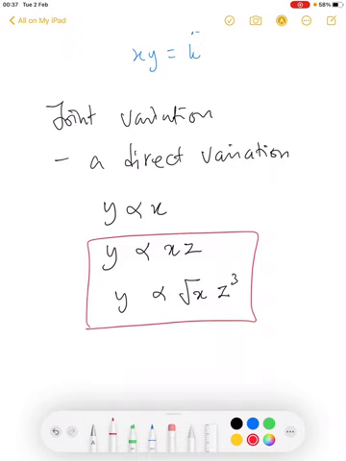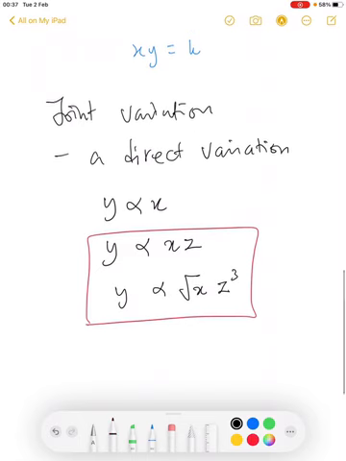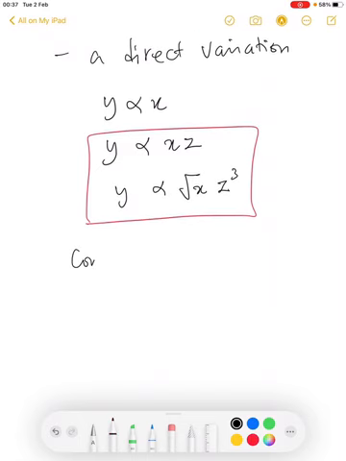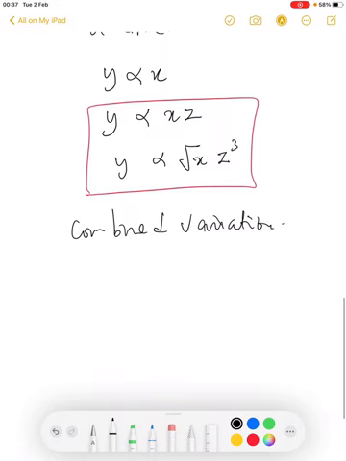Next, let's move on to combined variation. Combined variation is when you combine direct variation and inverse variation. That direct variation could be joint variation as well.